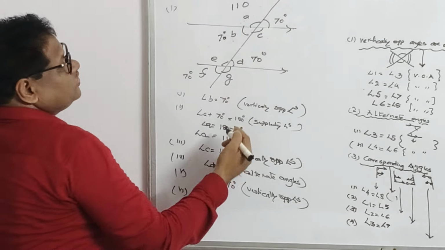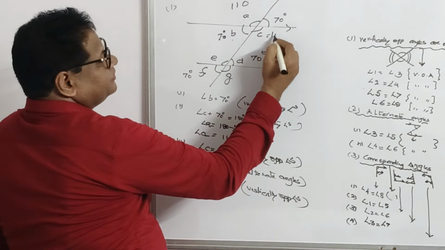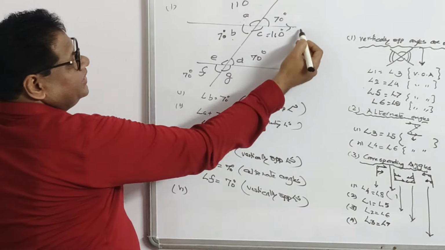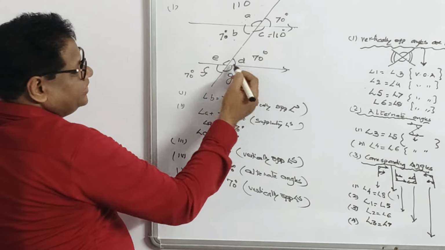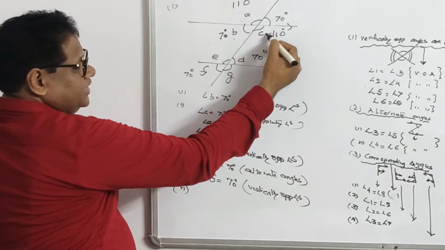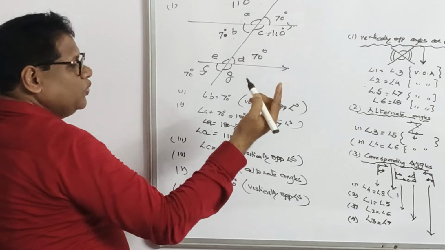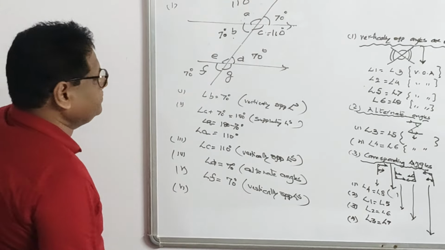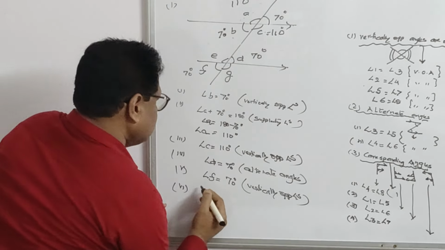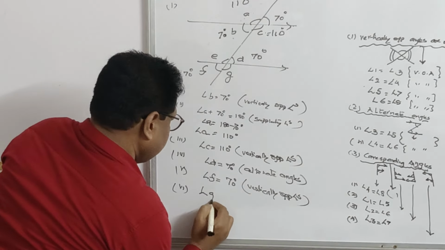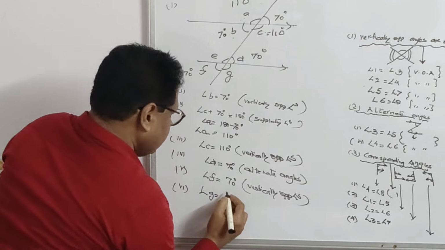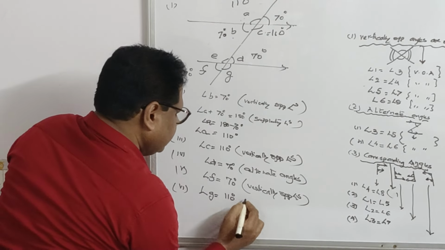Because we got C as 110, applying the alphabet F, we can write angle C and angle G equal because they are corresponding angles. So angle G equals 110 degrees.